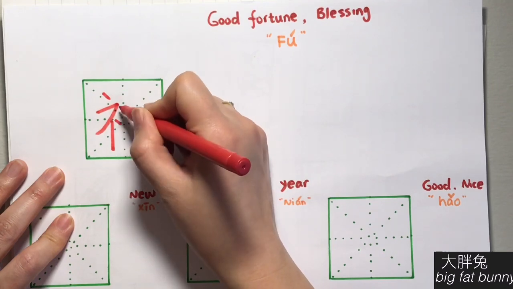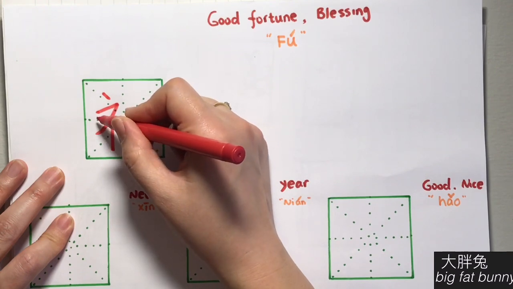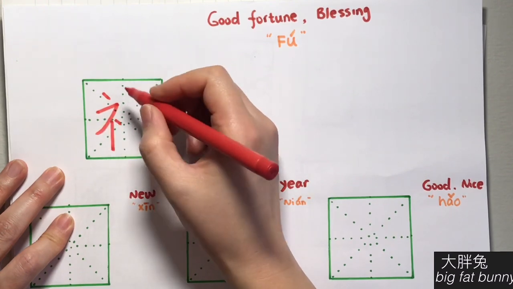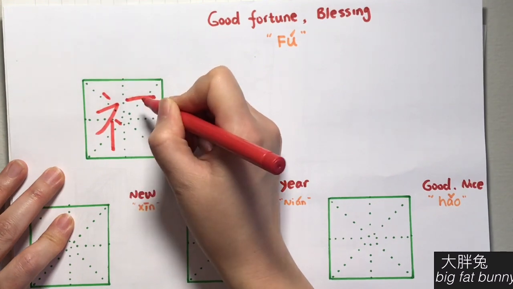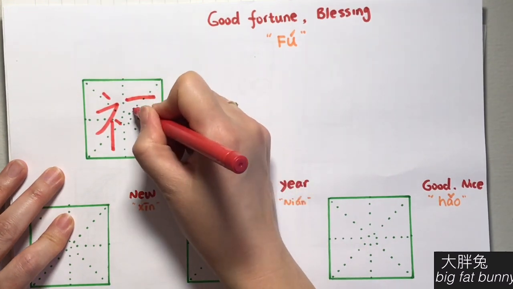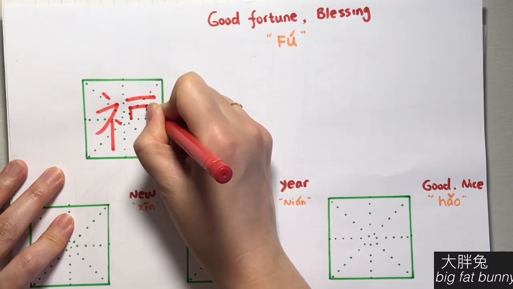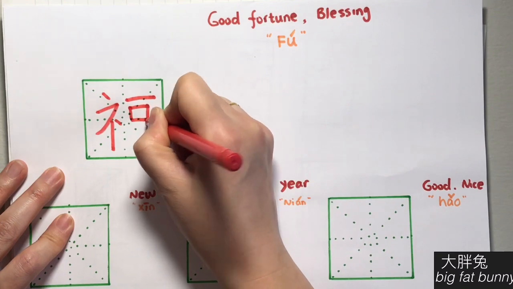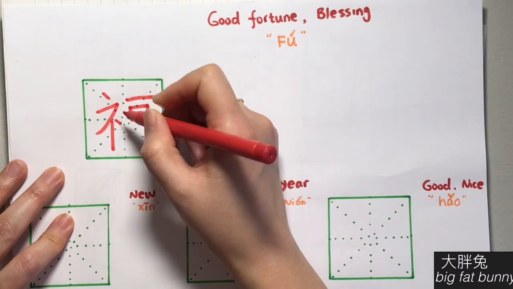Next, we can divide this character into two parts, the left and the right. Now we're going to the right. Stroke. Then the next looks like a little square, kind of like this.